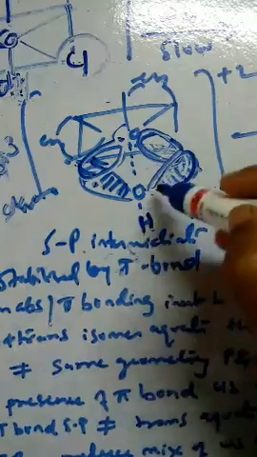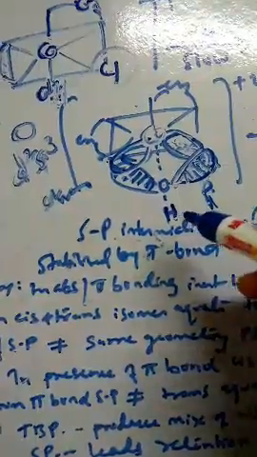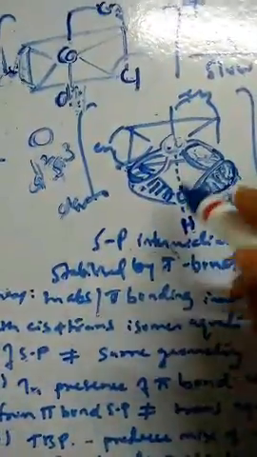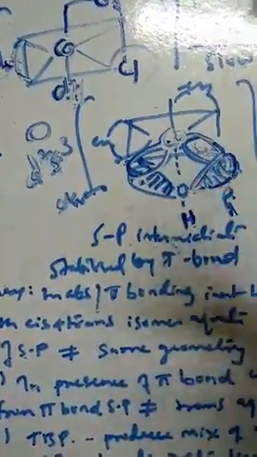The oxygen has filled orbitals, and these are the empty d2sp3 hybrid orbitals of the cobalt, and they easily overlap with the p orbitals of the oxygen, forming a stable intermediate stabilized by the pi bond. This stabilization leads to fast substitution here.